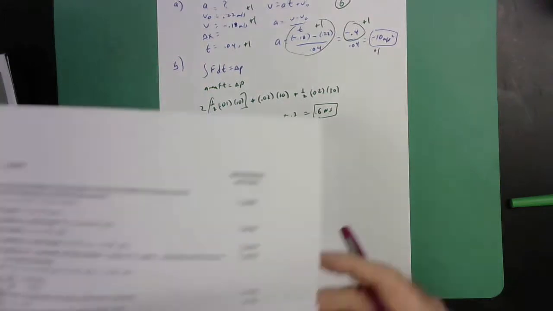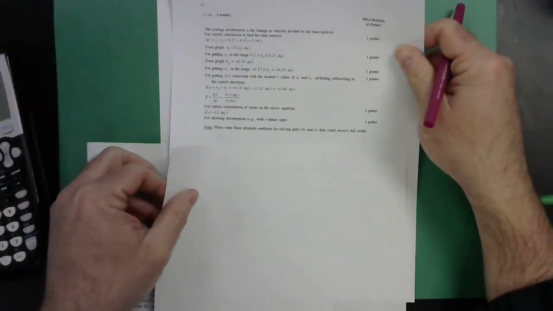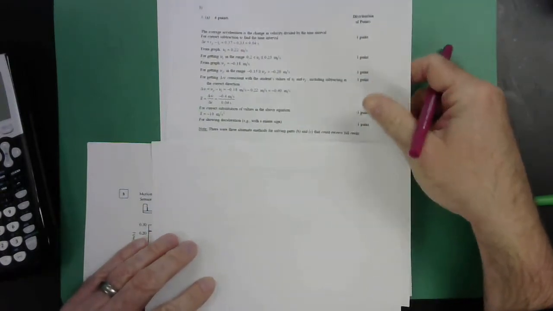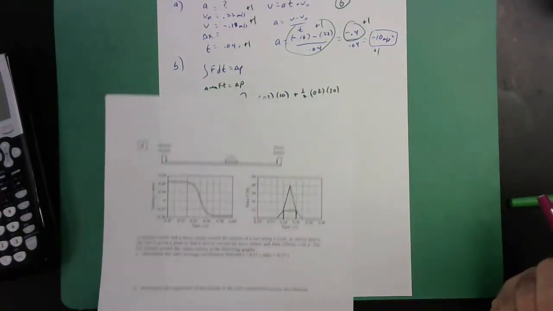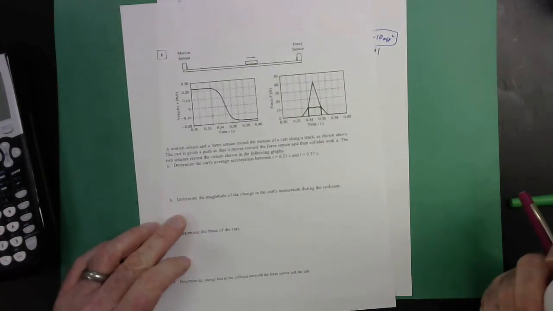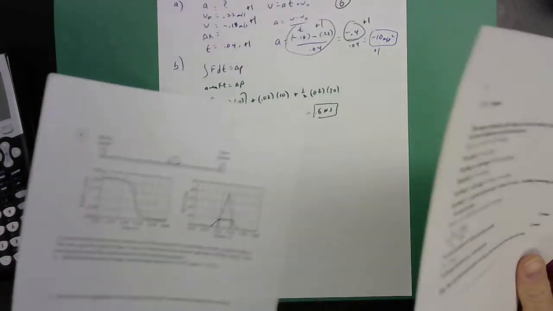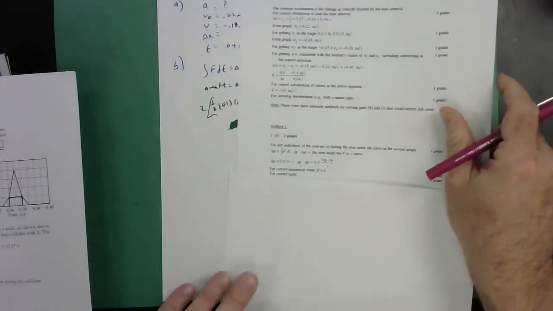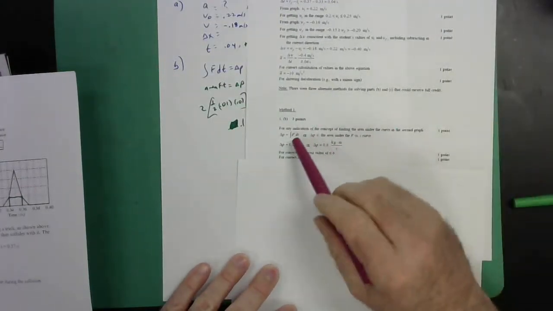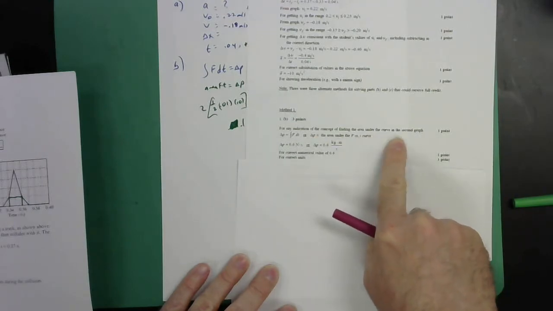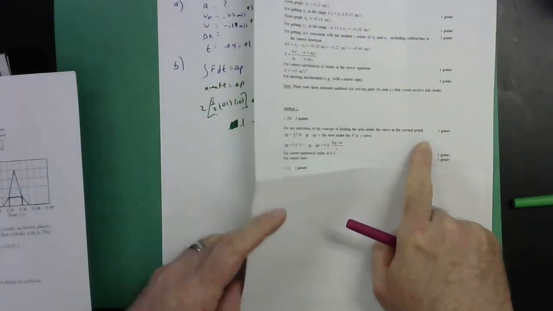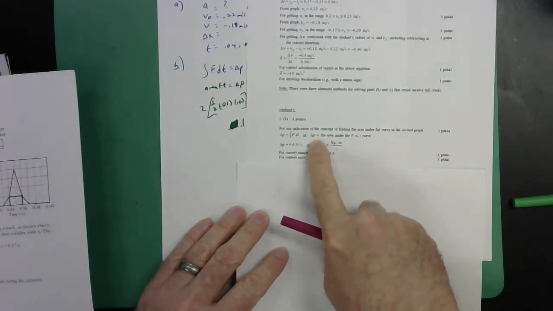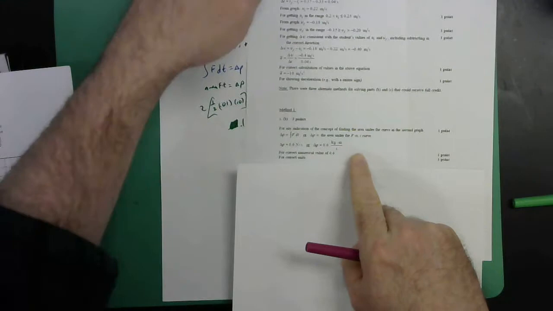Let's see. Looks like they say there were 3 alternate methods for solving parts B and C together. Should I solve C and then come back? Nah, we'll just go through what we've got, and then we'll talk about alternate solutions. Here's what they did. For part B, 3 points, any indication of the concept of finding the area under the curve, like writing that integral out or saying that delta P is the area under the F-t curve, gets you a point.